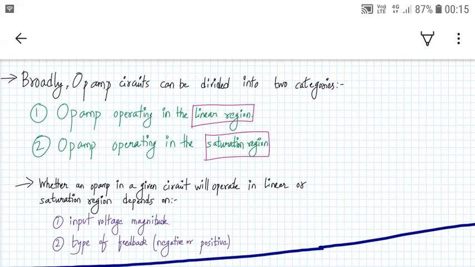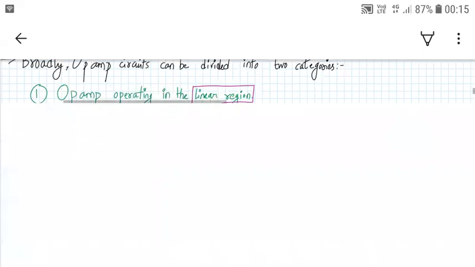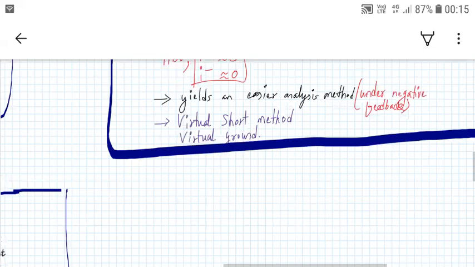These are very important points: the op-amp operating in the linear and saturation regions, and the criteria it depends upon, that is input voltage magnitude and the type of feedback. So now we are coming to a very important concept. Let us slowly move there.